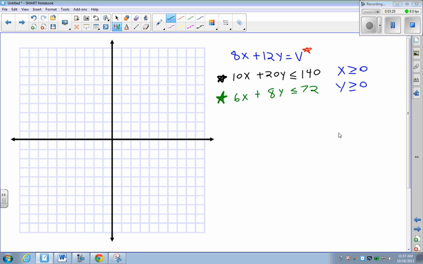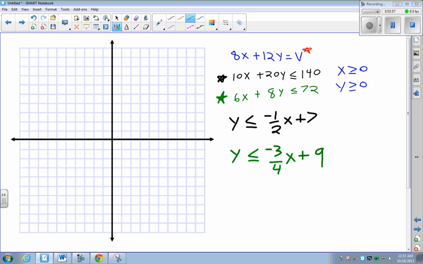So let's get Y by itself, and when we do that, we'll get Y is less than or equal to negative 1/2 x plus 7. You guys should be fairly proficient at getting Y by itself for these inequalities, so I'm just going to assume that you guys are capable of doing that. And so we do it for the green one now. So we'll get negative 3/4 x plus 9.